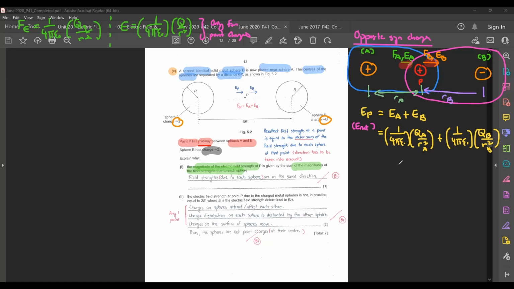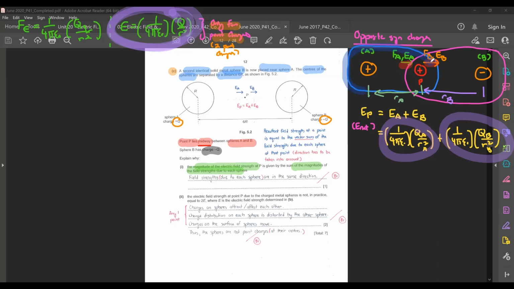Okay, right. So this one came from this one. Okay, this one also came from this one. It's just that you're applying it for a pair of point charges. You see, when you use E equals 1 over 4 pi epsilon naught Q over R squared, this one is only applicable for point charges, specifically 2-point charges, actually. In your case, if you look at your diagram right now, there's actually a pair of point charges here.